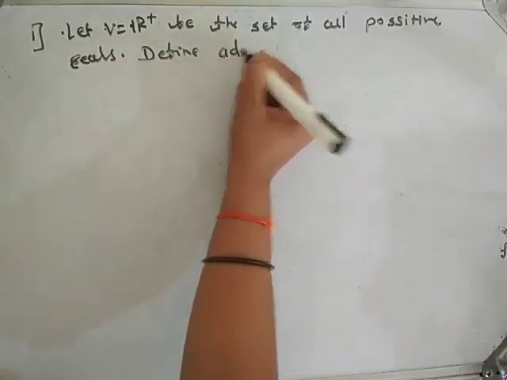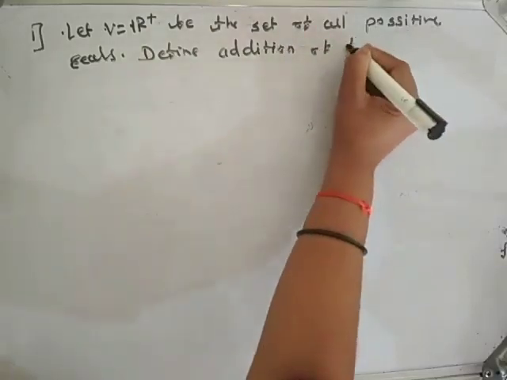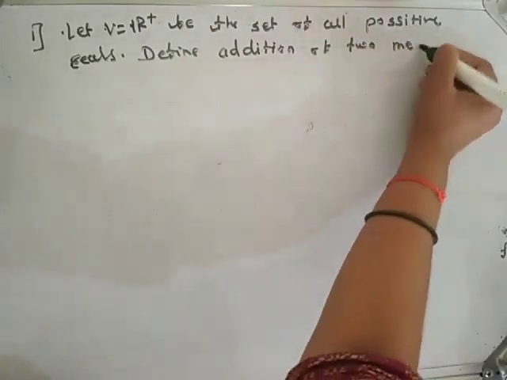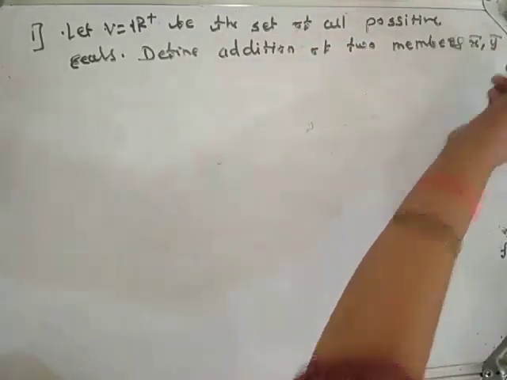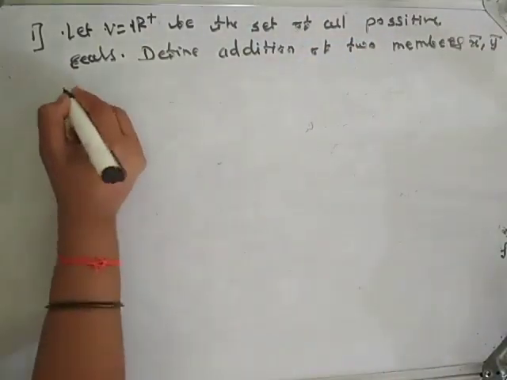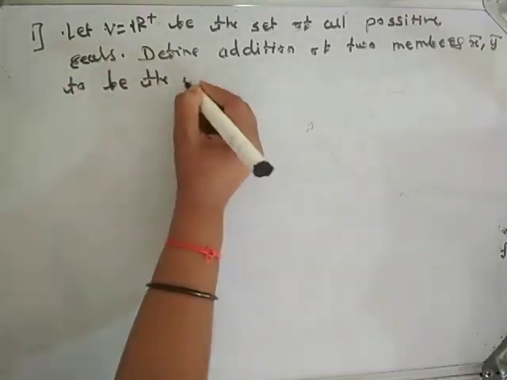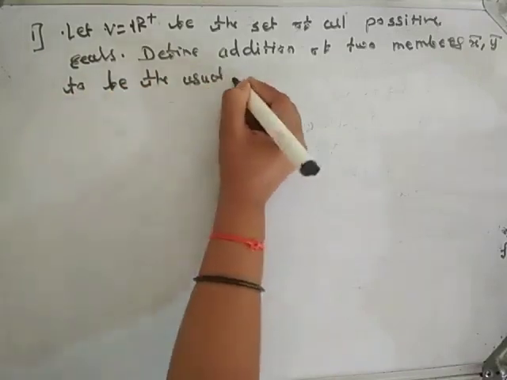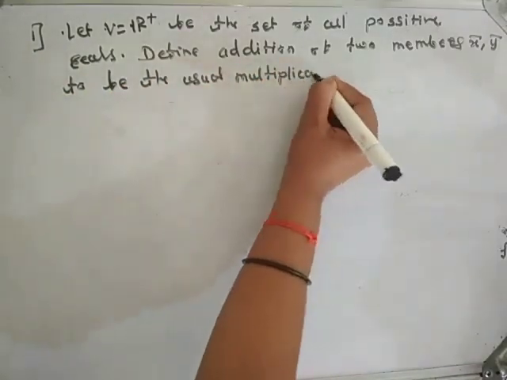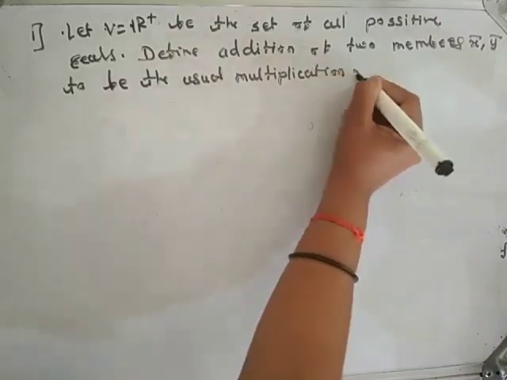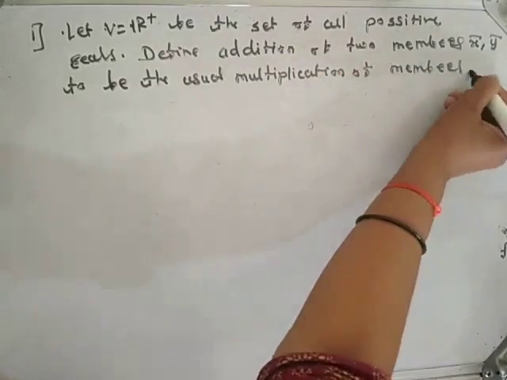Define addition of two members x bar, y bar to be the usual multiplication of members.